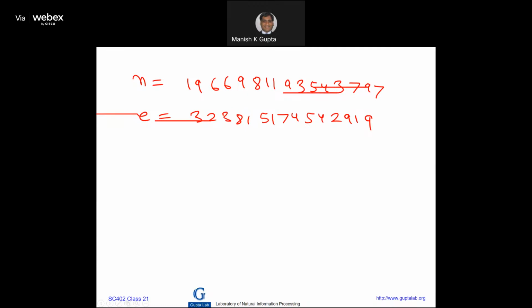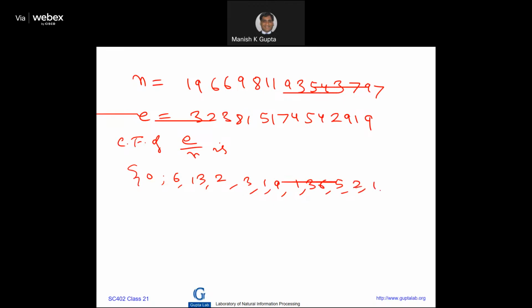So for the competitive programming coders, can you write the program to compute the continued fraction of these two things? The continued fraction of E by N, we write it like this: 0, 6, 13, 2, 3, 1, 9, 1, 36, 5, 2, 1, 6, 1, 43, 13, 1, 10, 11, 2, 19, 5.